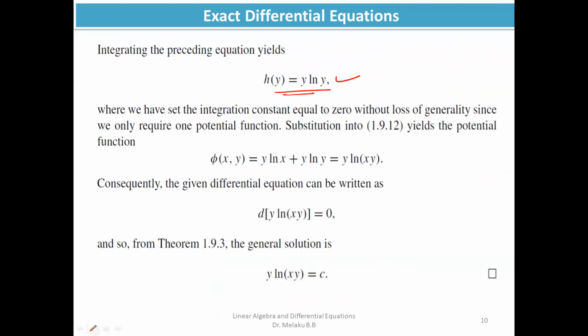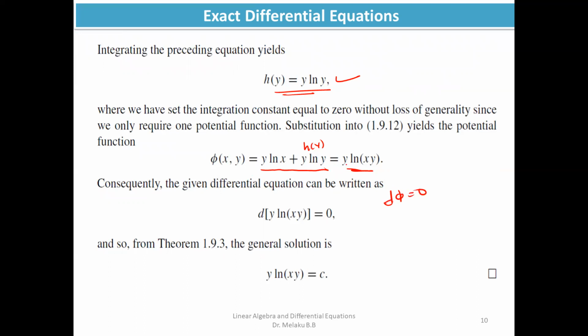Therefore, our potential function is easily obtained as y ln x plus y ln y, because this is h of y. And of course, combining this, because these are logarithmic, we can combine them into y times ln of xy. And we have said that the solution for the exact differential equation is d of phi equals 0.